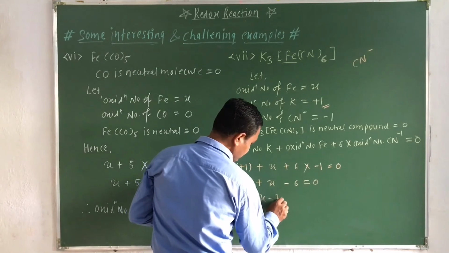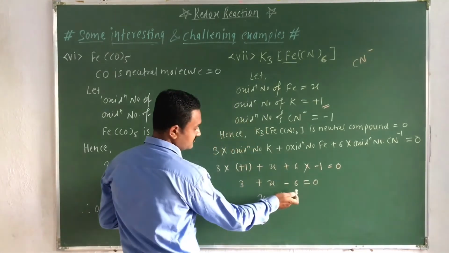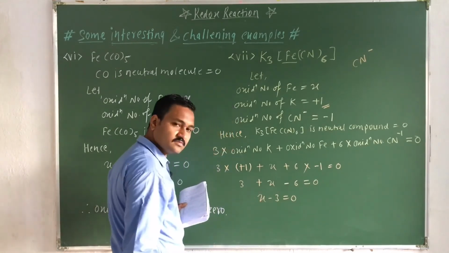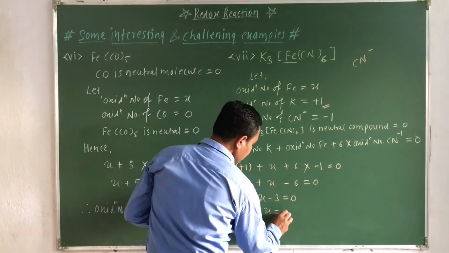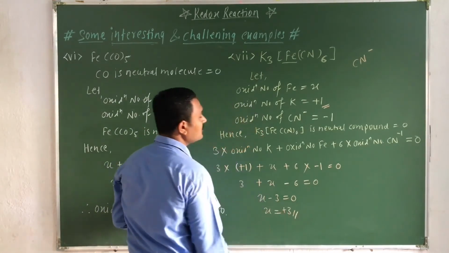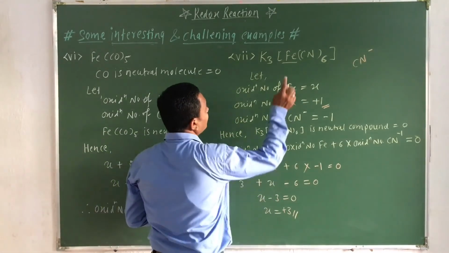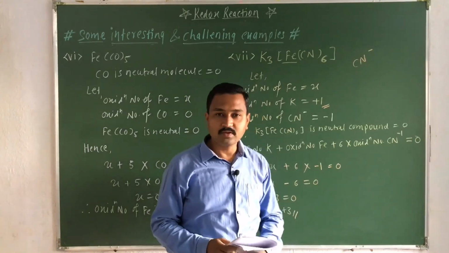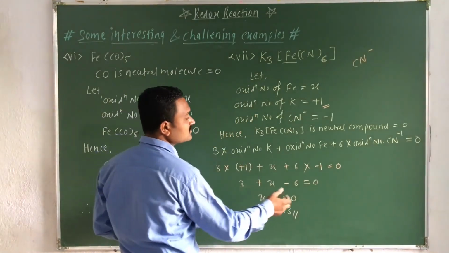Therefore x minus 3 equals 0, as minus 6 plus 3 equals minus 3. Therefore x will be equal to plus 3. So the oxidation number of iron in this particular coordination compound is plus 3. So you can write down that statement.